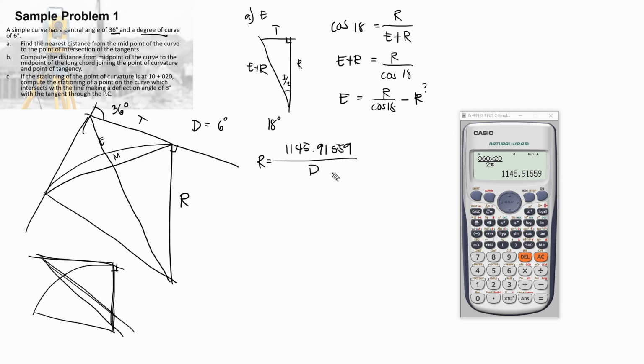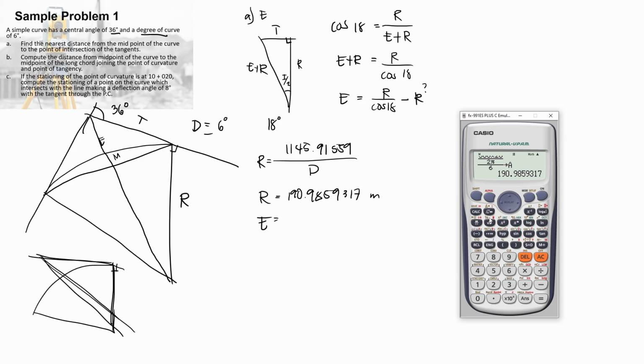And then since meron tayo nung D, degree of curve, makukuha natin si R, and therefore makukuha natin si E. So ang ginagawa lang natin is ito divided by 6. I-store ko to kay A. Ito yung radius natin, 190.9859317 meters.